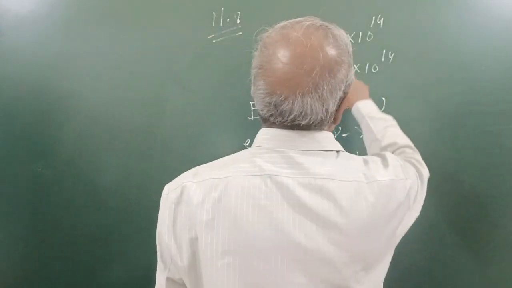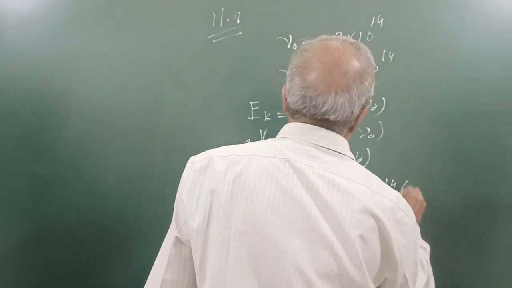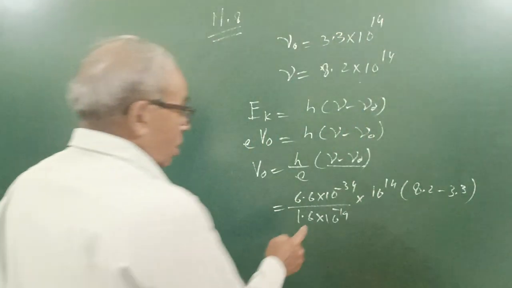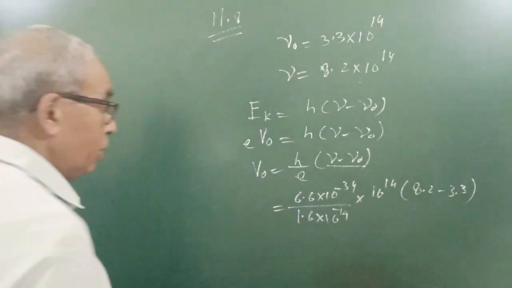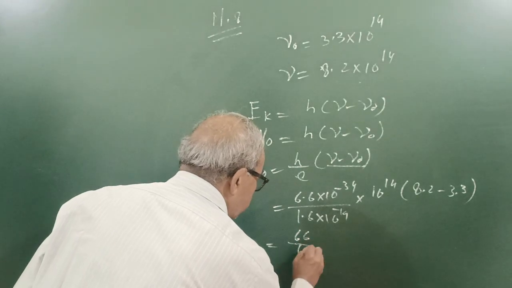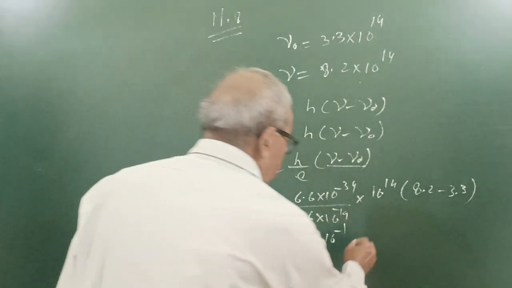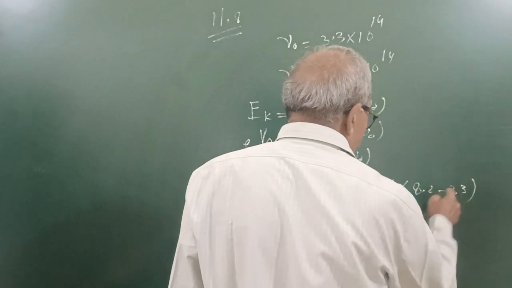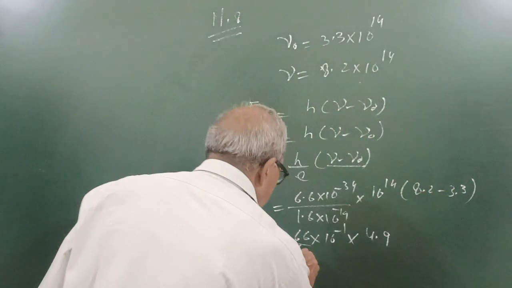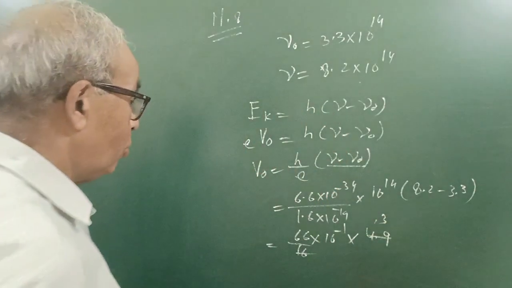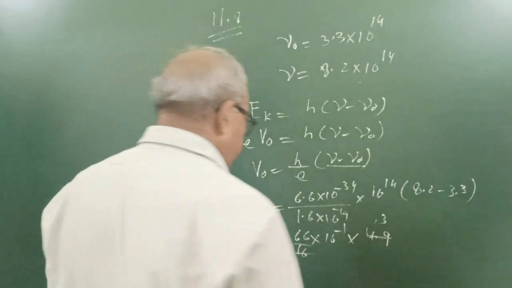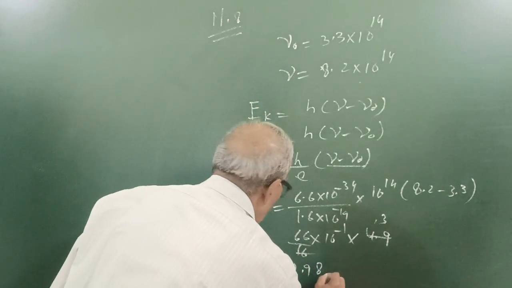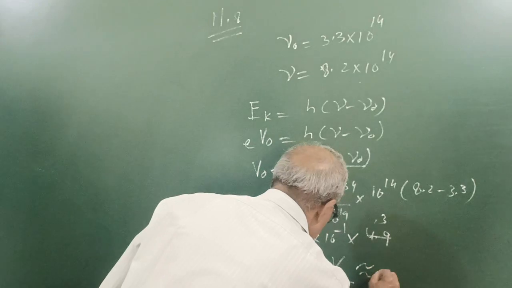This difference, 10 to the power 14 common, is 8.2 minus 3.3, that is 4.9. Minus 19 plus 14 is minus 5... so it is 66 upon 16 into 10 to the power minus 1, into 4.9, nearly 3.3 into... so it is here 1.819, decimal after 2, volt, nearly 2 volt.